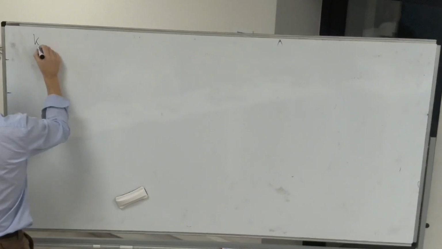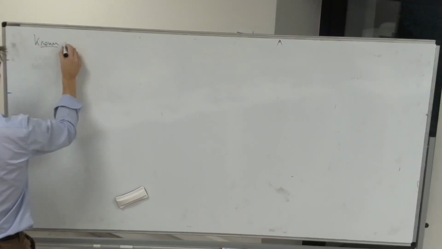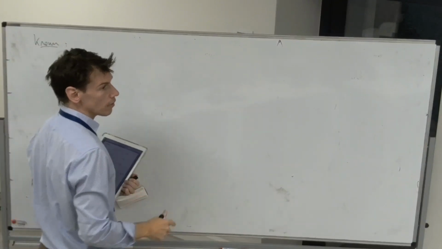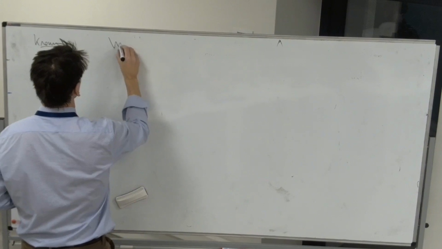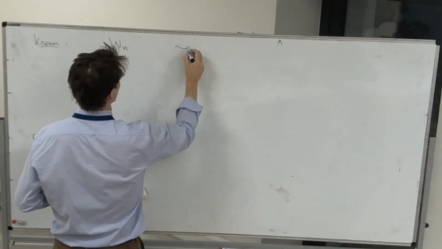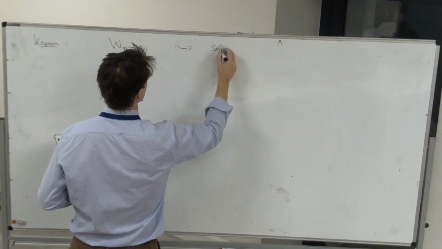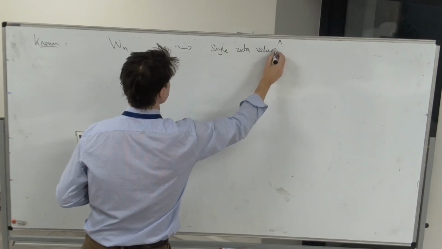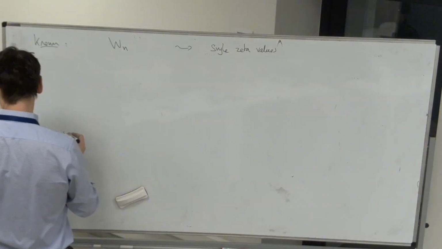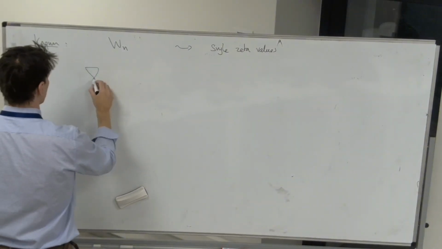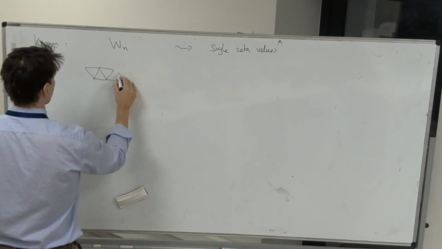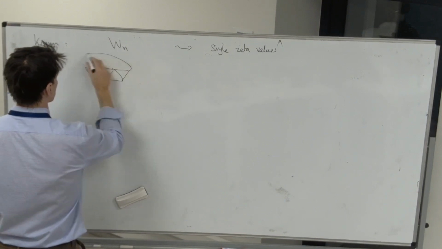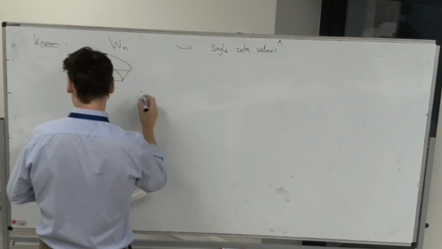So it's known that all the wheel graphs are zeta values. They will give single zetas. We also know there's something called zigzag graphs, like this, Zn.